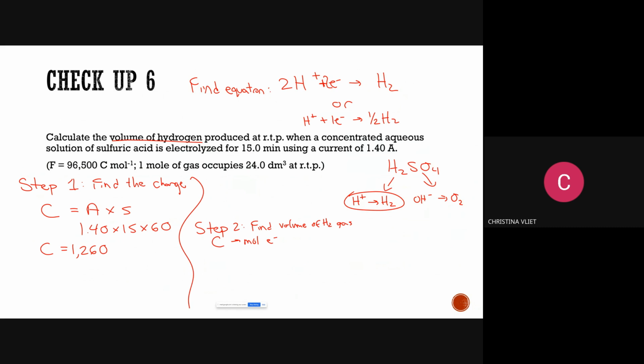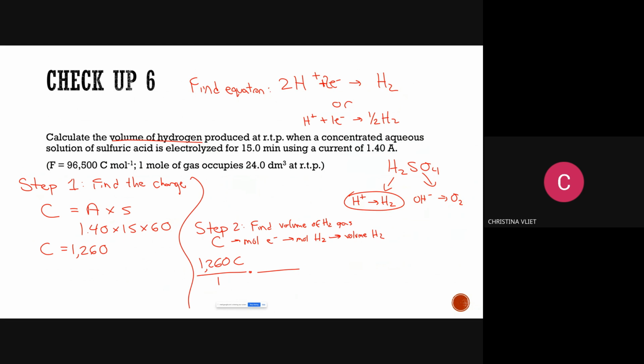So coulombs goes to moles of electrons, then moles of electrons would go to what? Moles of hydrogen gas. And then we want volume. So we must have a relationship between moles of hydrogen gas and volume, right? Of H2. So we're going to need these steps with this as our starting amount, right? So 1,260 coulombs over 1.